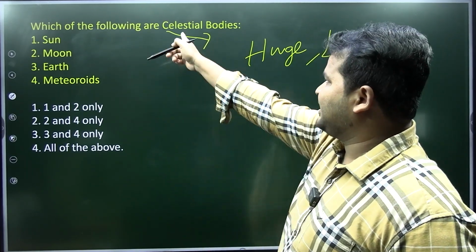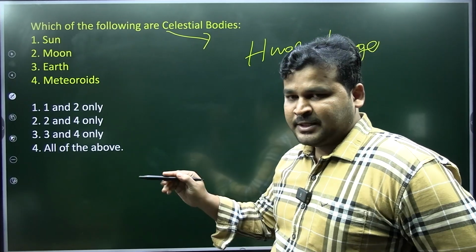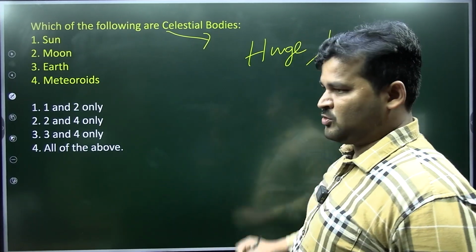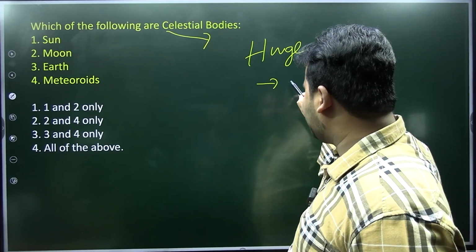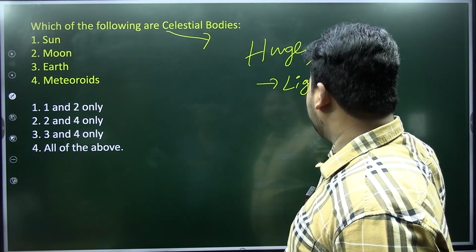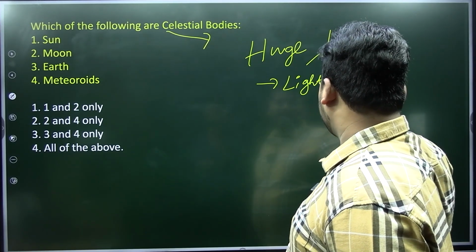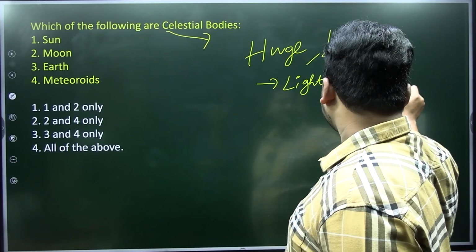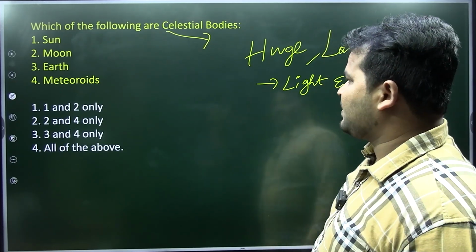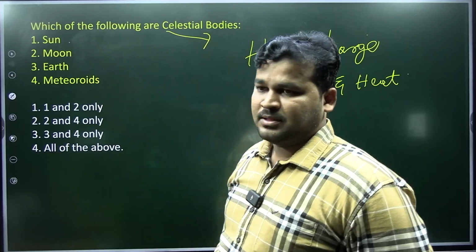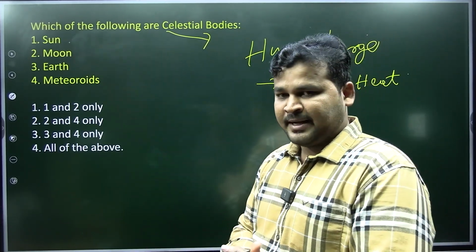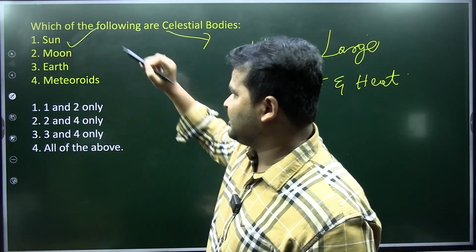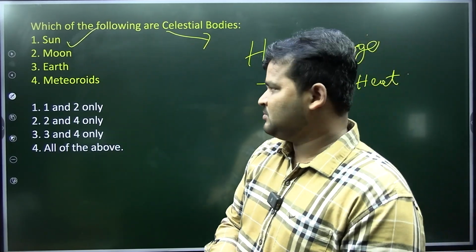So celestial bodies are nothing but the bodies which have a huge size and which can emit light as well as heat energy. Let me see here. Sun, the size is very huge. It can emit light and energy, so it qualifies the celestial body definition.